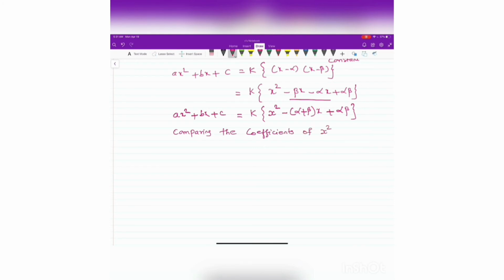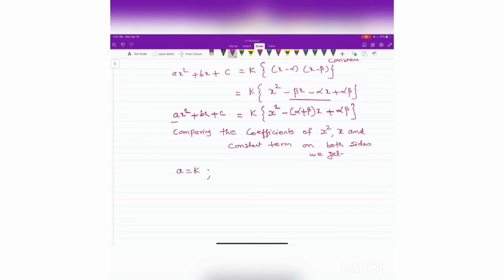X square, x and constant term on both sides, we get, now coefficient of x square is a, here it is going to be k. So, a is equal to k.